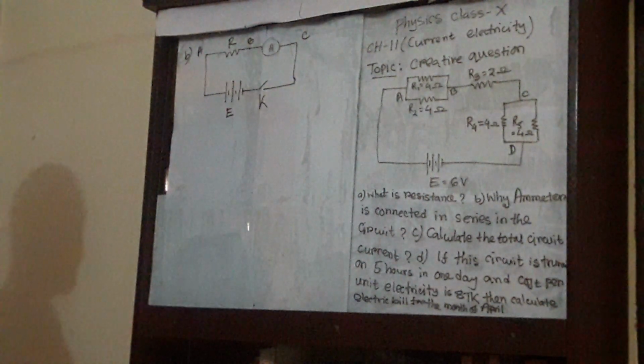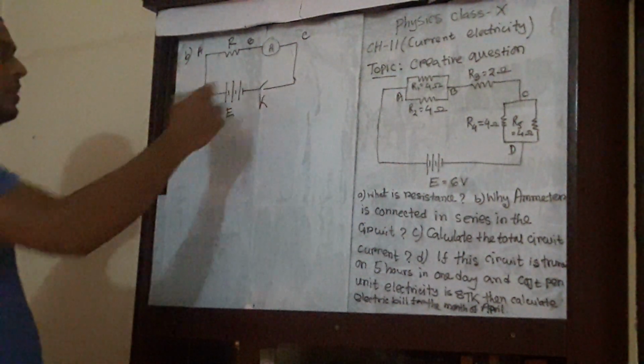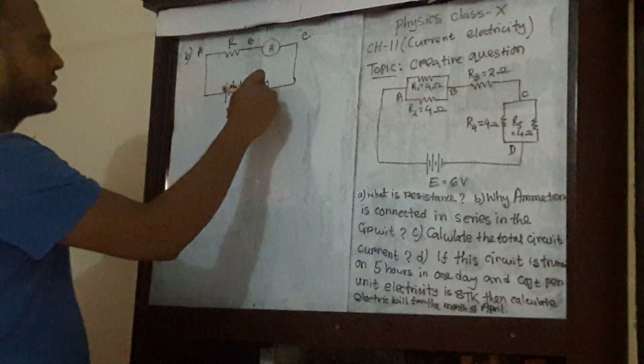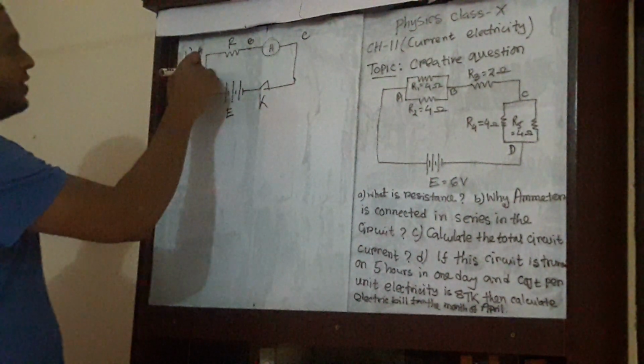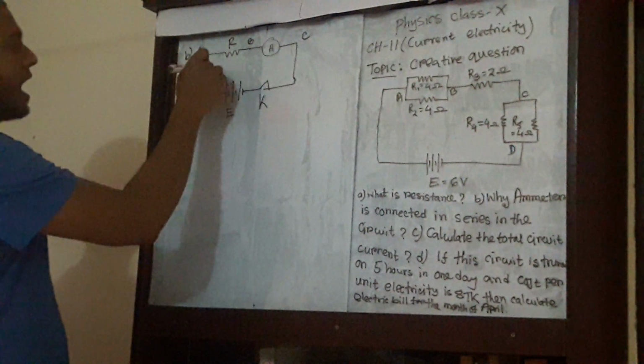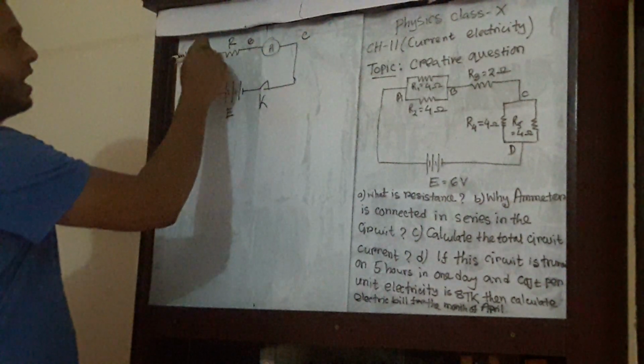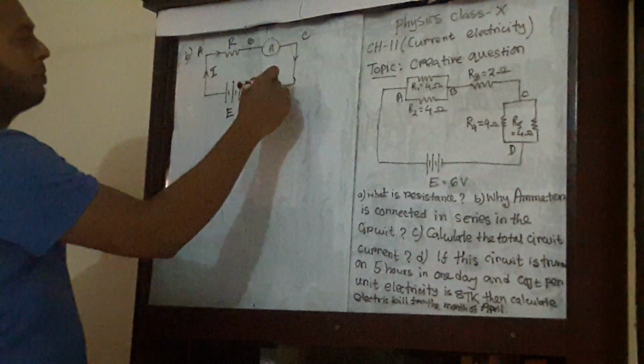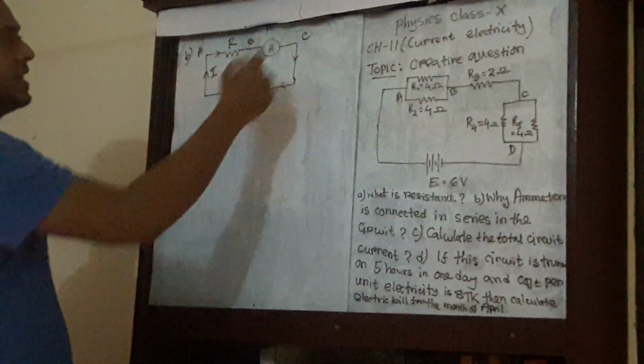Boys and girls, when I turn on this switch, this battery will produce I amount of current, and this I amount of current passes through the circuit in this direction.